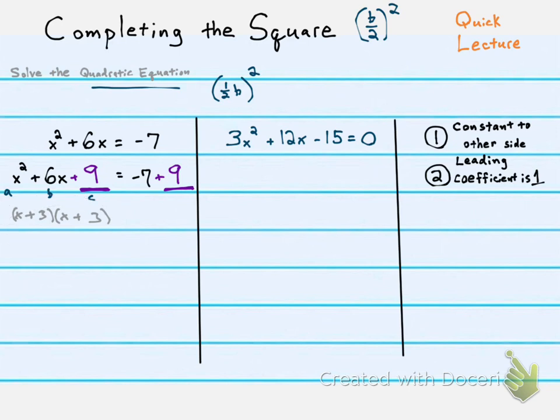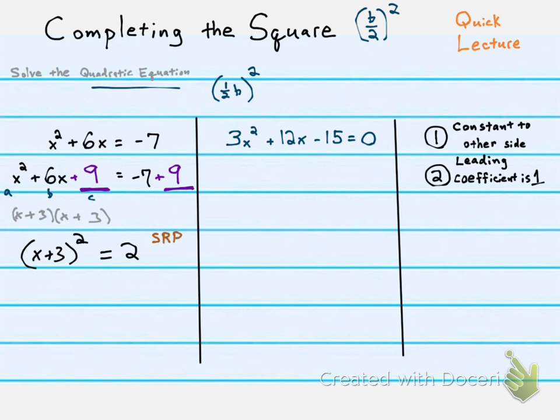So my next step, I'm going to write (x plus 3) squared, and that equals, let's see what we have over here, -7 plus 9 is 2. Now we're going to use the square root property. I'll just put SRP. And if you don't know the square root property, you can look it up.